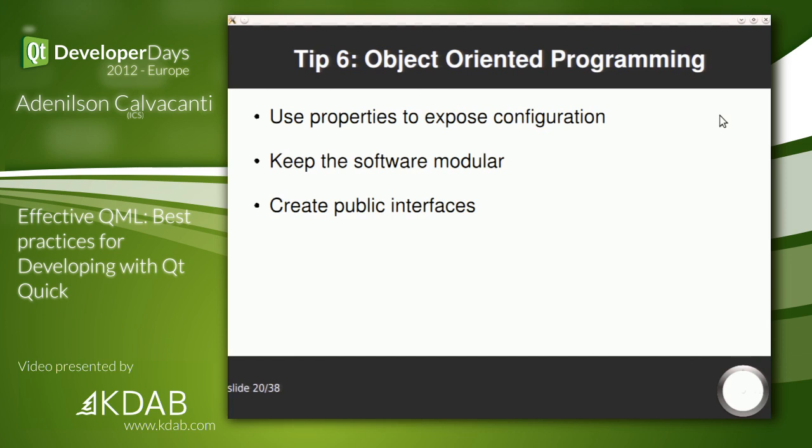Of course, you could just write, I don't know, myWidget.item.visible = false. But that is a layer violation. It's not a good programming paradigm. You should instead have something like myWidget set to not visible, either using a property or having a JavaScript function.